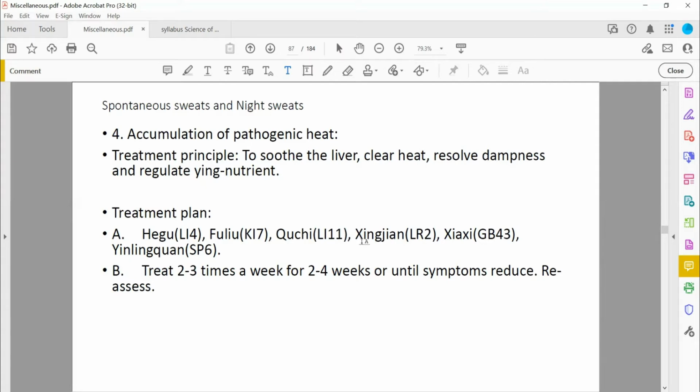And we clear the heat and use LR2 and GB43. That means the heat from the liver and gallbladder, the damp heat. And you can use SP6. If there's dampness, you can use SP9.